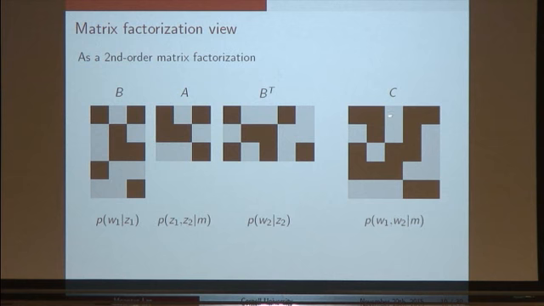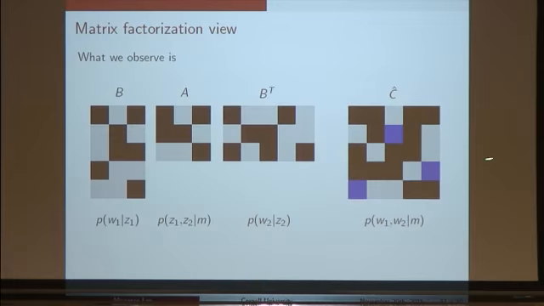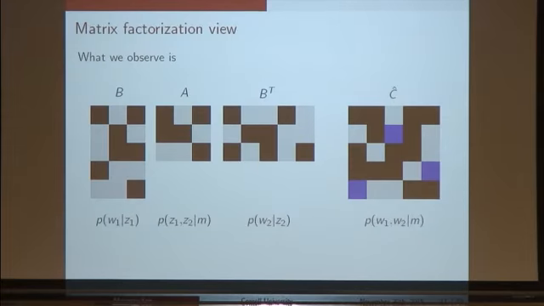What we observe is here: a word-word co-occurrence matrix for just the mth document. In reality, what we observe contains some degree of noise like this. So the goal in this paper is to decompose what we observed into this fashion.